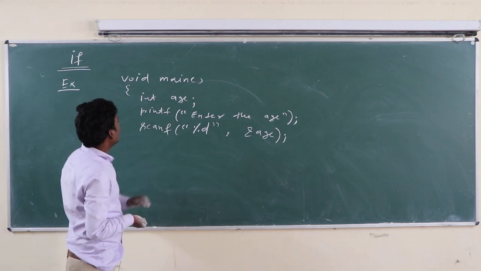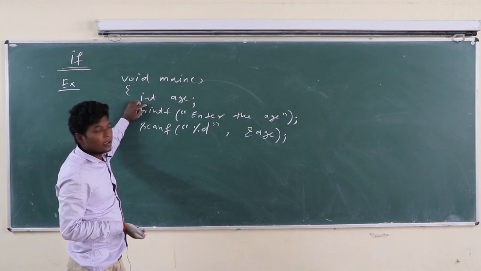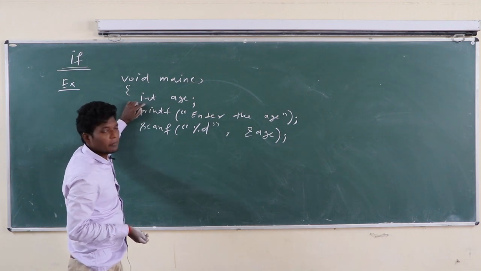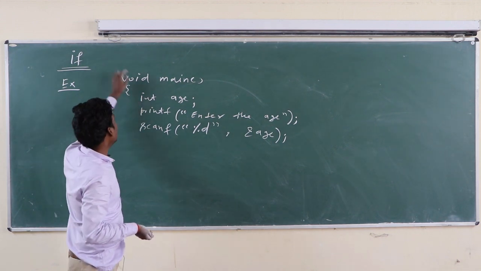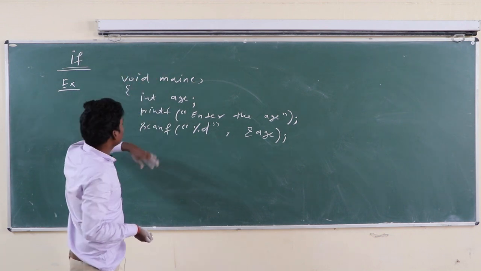Class, here we have not written clrscr. You should write it after the variable declaration. You have to also write the #include.